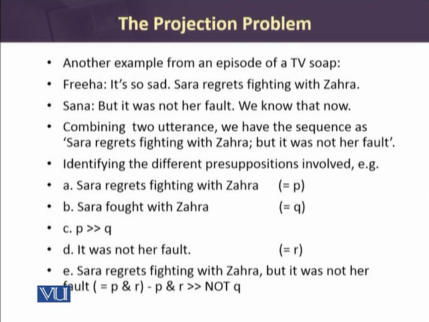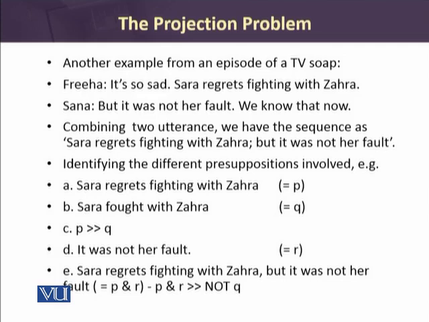But when we add this information, "it was not her fault," which may be referred to as R for semantic analysis, the presupposition already created in the form of Q may not remain true here. Let's see the complex structure here.